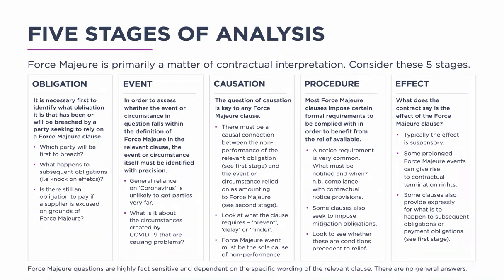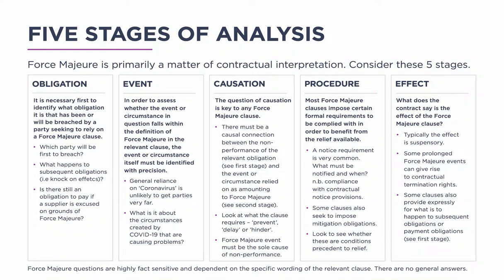It's vitally important when we come to stage 3, the question of causation, that we've identified with precision, 1, what the obligation is, and 2, what the force majeure event is, so that we can draw the necessary causal connection between the 2. The second reason is a practical one, and it's important because it will help any party who is potentially in this situation to understand what the likely course of events is going to be.